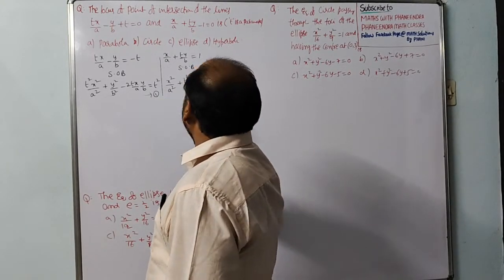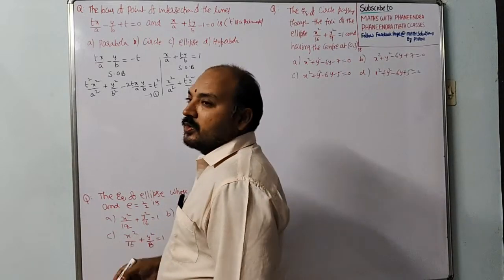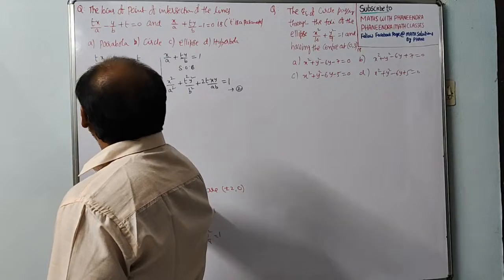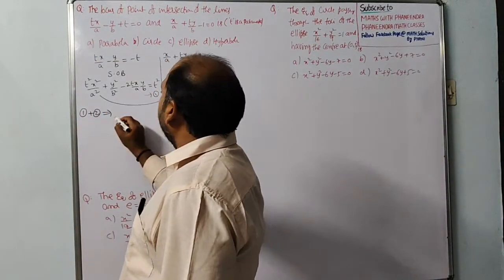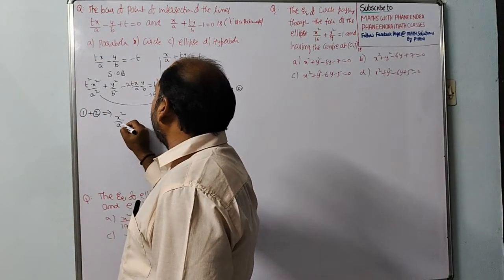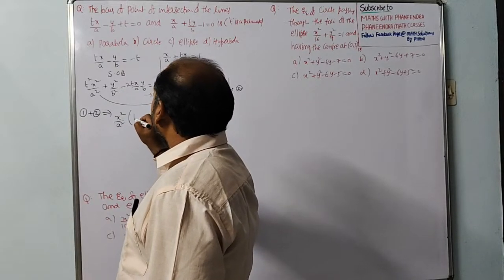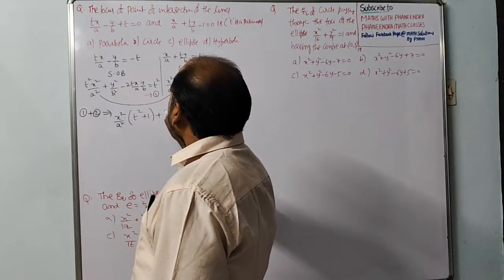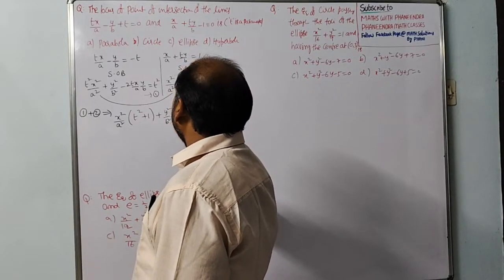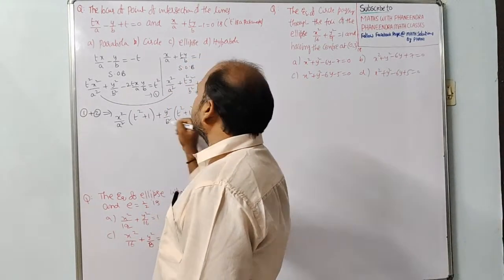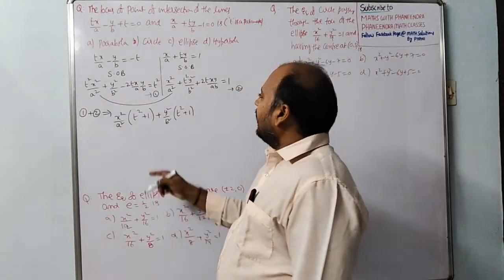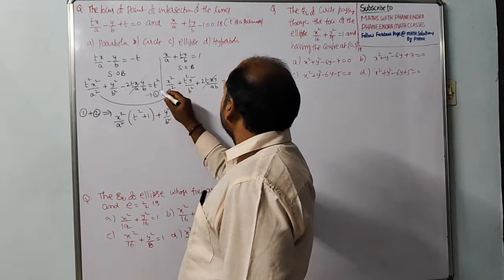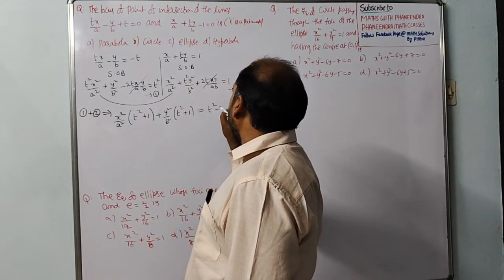Adding equation 1 and 2. From these two, x square by a square, take out common, remaining is t square plus 1. Adding these two, y square by b square, if you take out common, t square plus 1. And if you add, these two will be cancelled. Which is equal to t square plus 1.